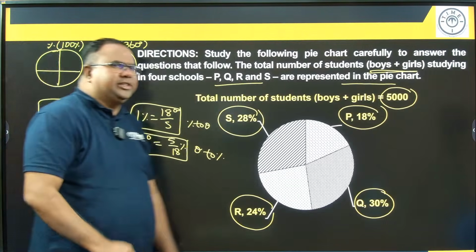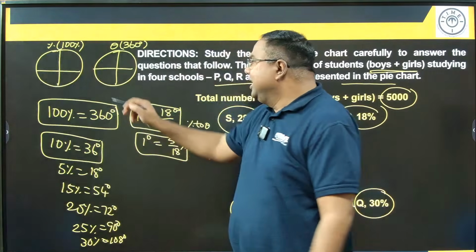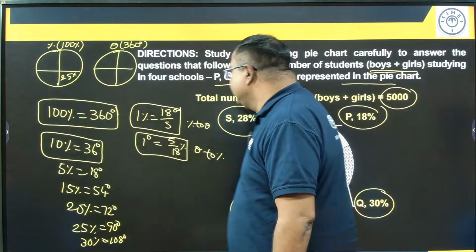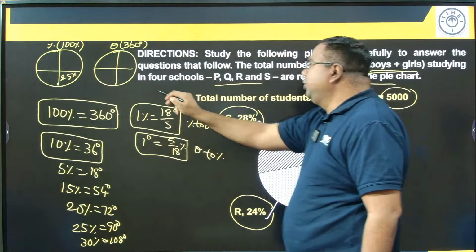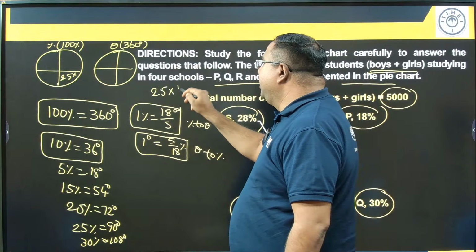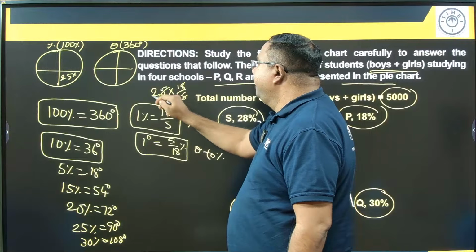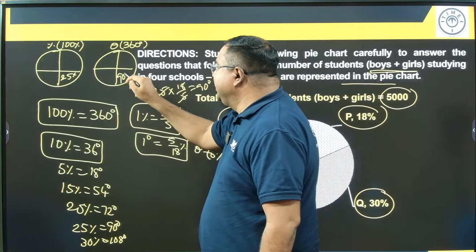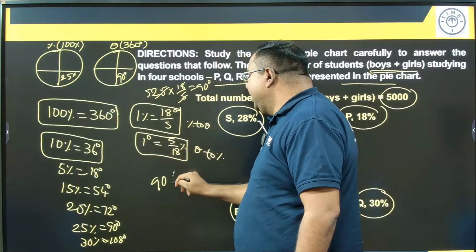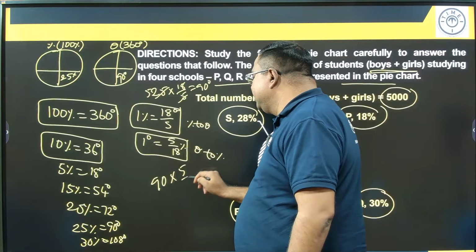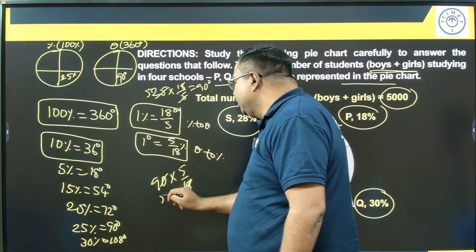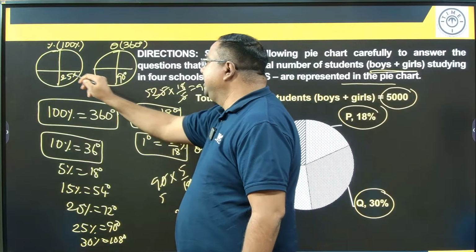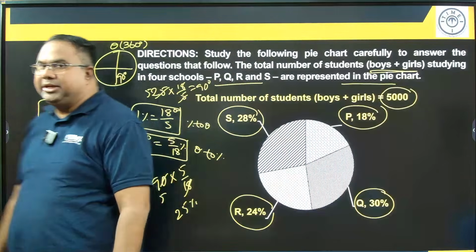These are the conversion factors. Let us say this is 25%. How do you convert percentage into degrees? 25 multiplied by 18 by 5, so it is 90 degrees. Now, this is 90 degrees; convert into percentage. 90 into 5 by 18 percent, so it is 25 percent.